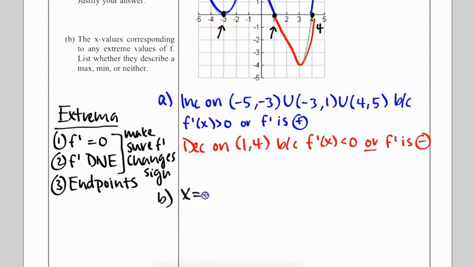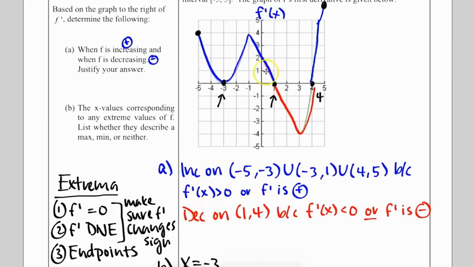That was x equals -3. Well, if I'm checking the sign of f prime around it, I see that to the left, f prime is positive, and to the right, f prime is positive. So because we don't actually change sign at -3, that tells me this is not an extreme value.